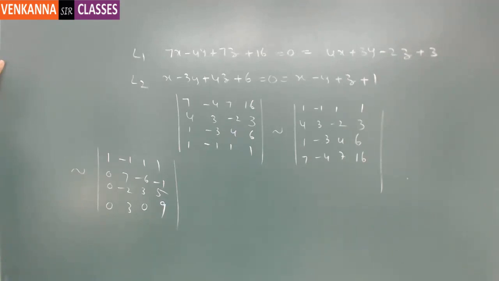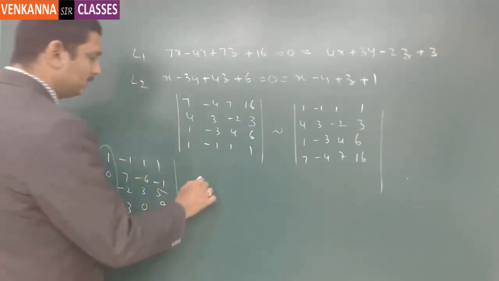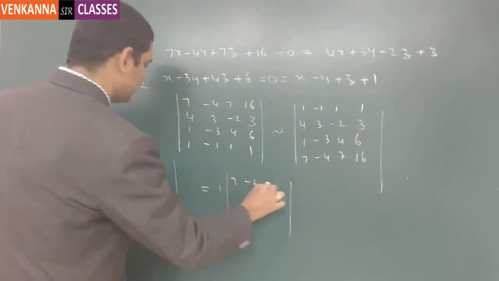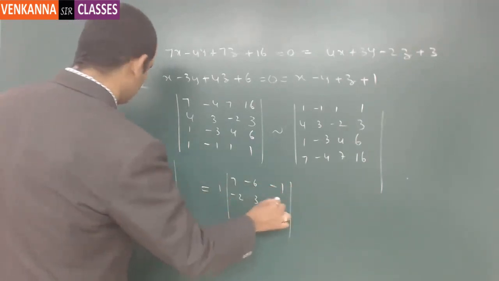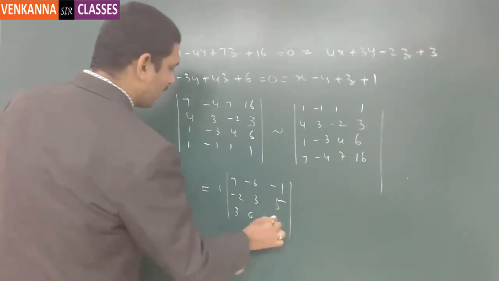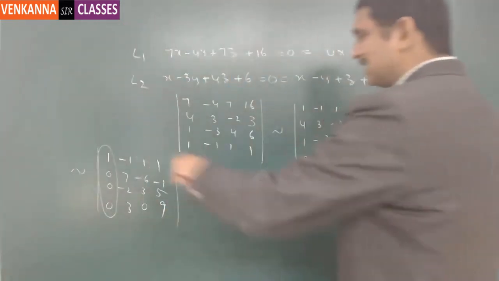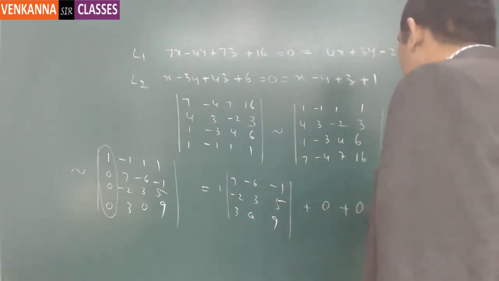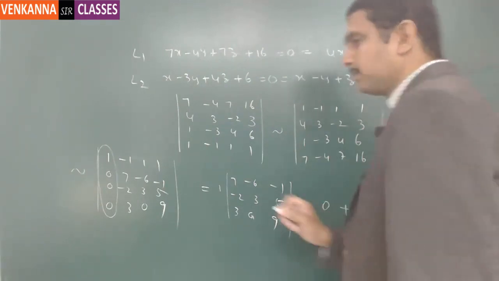Now, I am calculating the determinant by means of the first column, because determinant can be evaluated by using any row or column. So taking 1 here, 1 into determinant of 7, minus 6, minus 1, minus 2, 3, 5, 3, 0, 9. So if you consider the remaining things, plus 0 plus 0 plus 0.